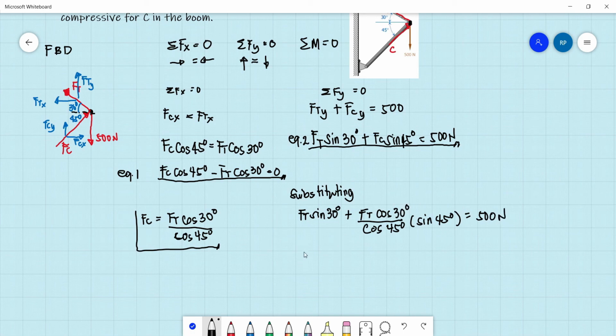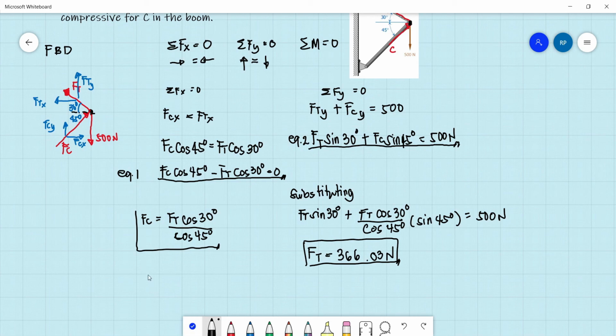Therefore, solving for our Ft, we will be able to get 366.03 newtons. And how are we going to solve for Fc? By substituting the value of Ft into our previous derived equation.